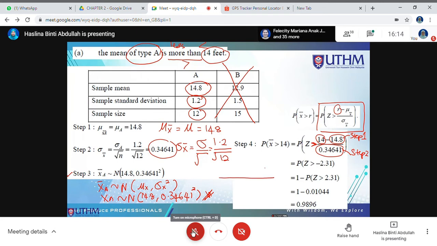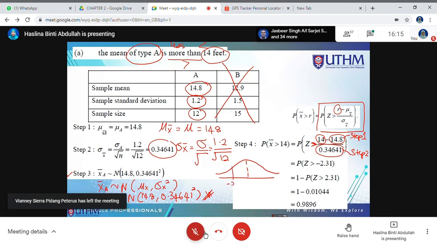And then you should draw normal distribution curve. Negative 2.31, left area or right area? Kita nak logret yang mana satu? The left area or right area? Larger than. Kita nak define probability which, this one.